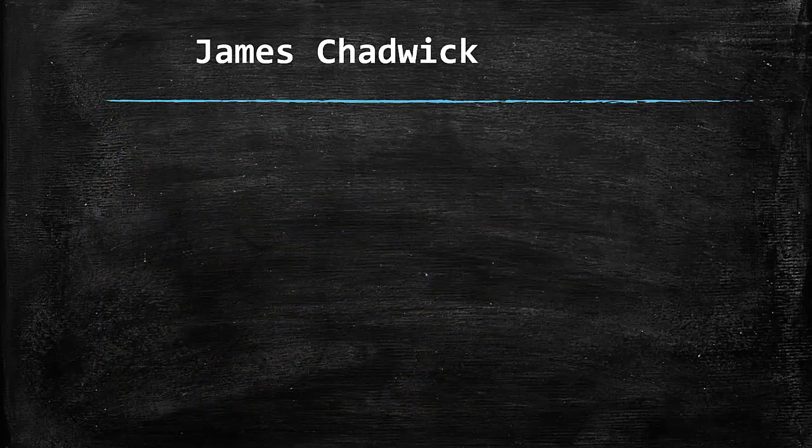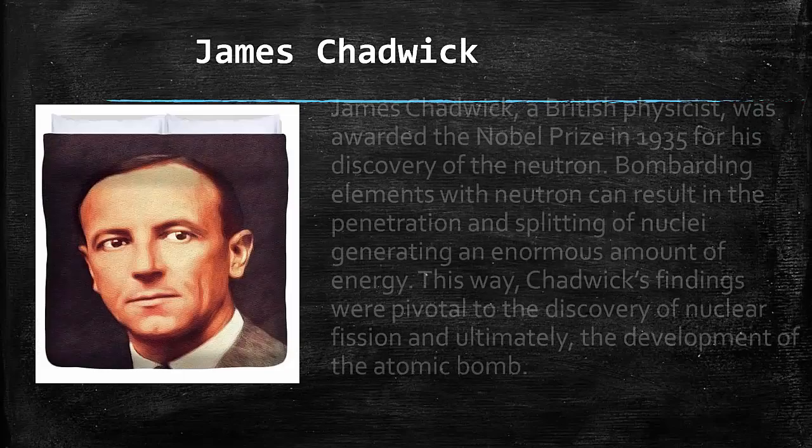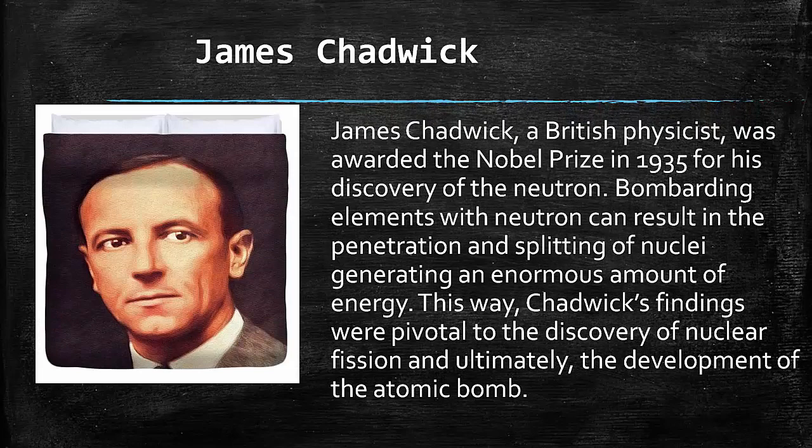The next important scientist in the field of physics was James Chadwick. James Chadwick was a British physicist. He was awarded the Nobel Prize in the year 1935 for the discovery of the neutron. Bombarding elements with neutrons can result in the penetration and splitting of nuclei, generating an enormous amount of energy.